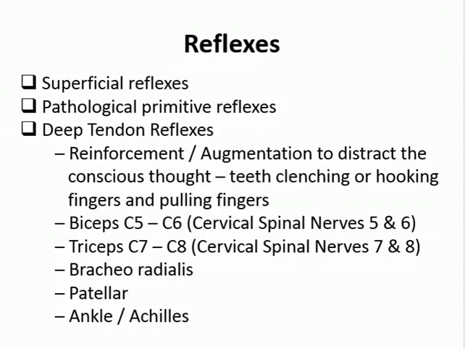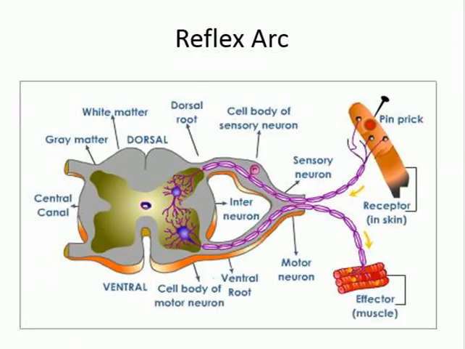Biceps are innervated by C5 to C6, cervical spinal nerves 5 and 6. Triceps are innervated by C7 and C8. Brachioradialis, patellar and ankle or Achilles tendons are assessed.